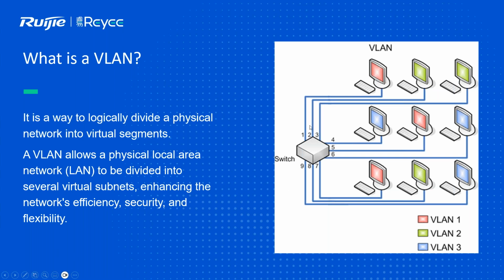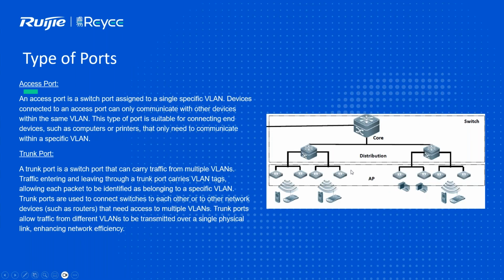If we are talking about VLANs, we have to talk about ports and the types of ports that we can see in the network. We have two main types of ports. First, an access port.